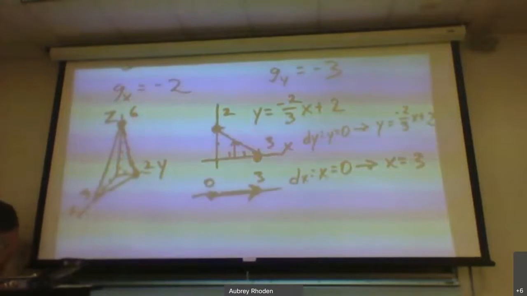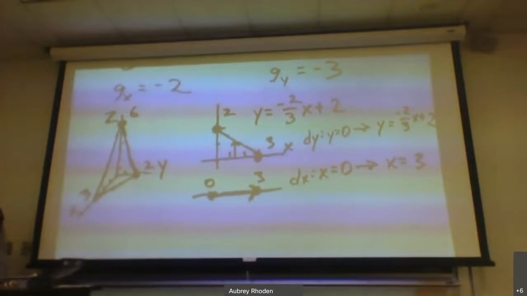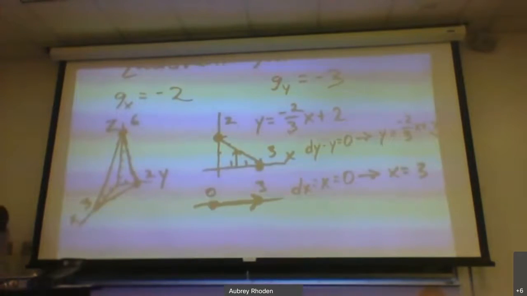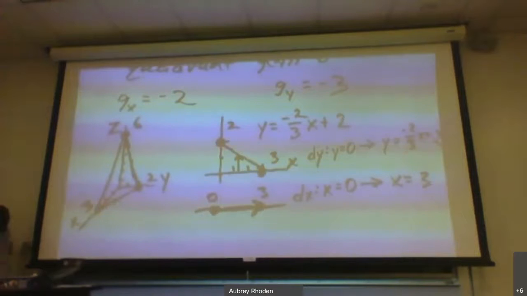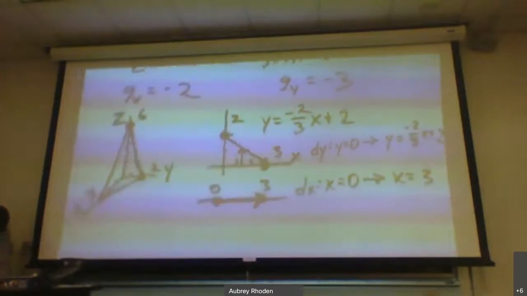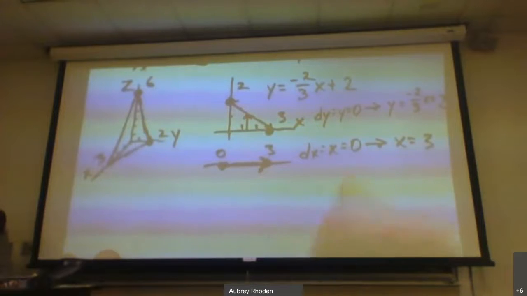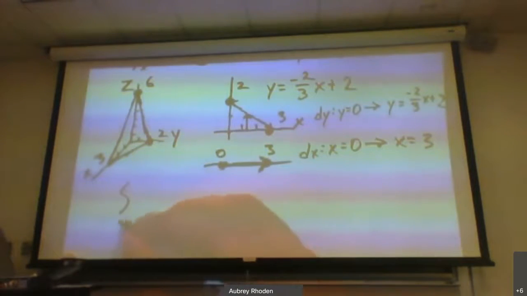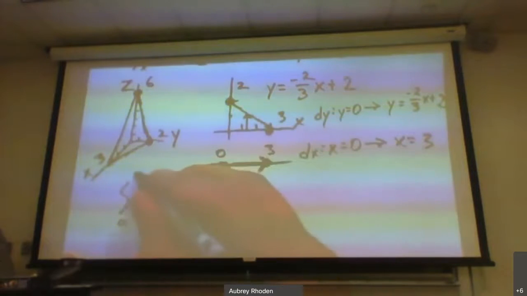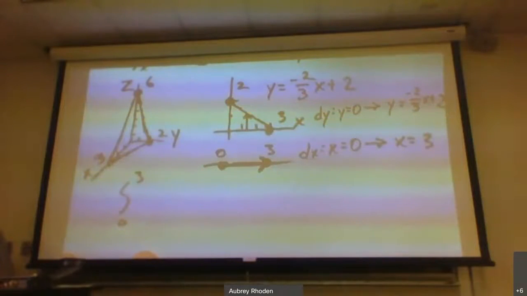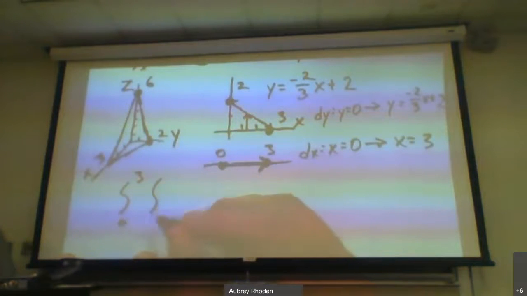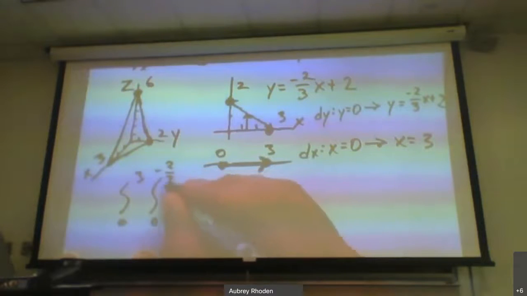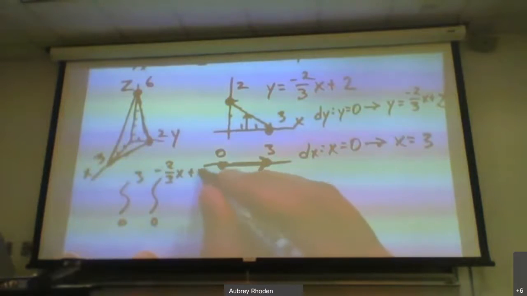So setting up my integral. Where is my integral? Well, it's already up there. Okay, so we are going to have the integral. The outer one, I said I'm going to do dx on the outer one, so that's 0 to 3. The inner is 0 to negative 2/3 x plus 2.